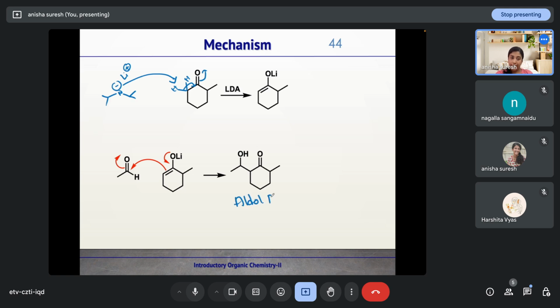Then again this enolate will form, and it will undergo an E1cB reaction, leading to formation of the final product.